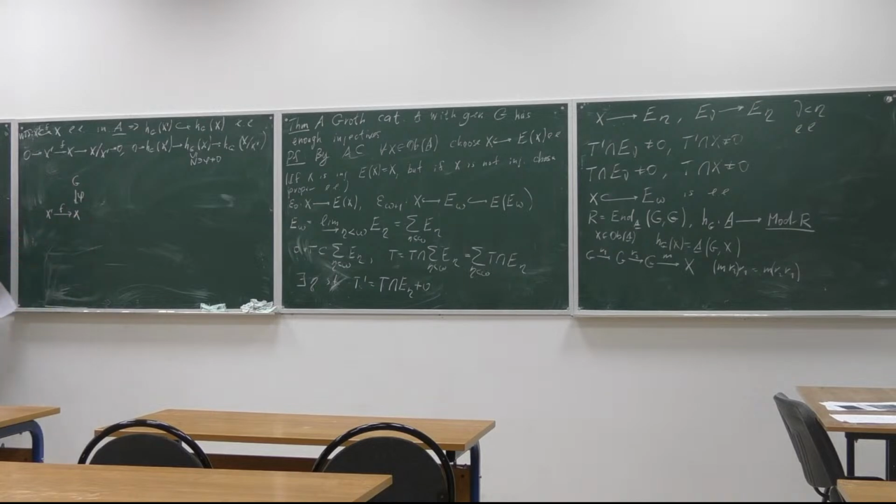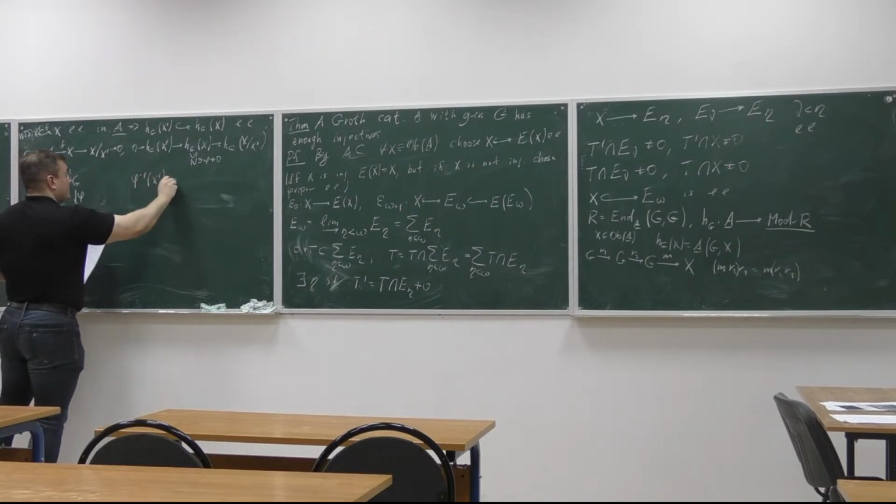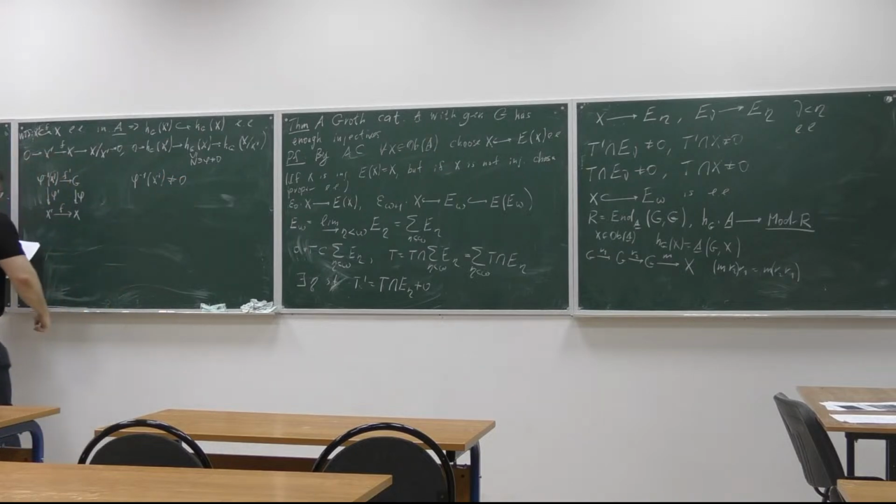So let's take pullback. The pullback is just by definition the inverse image, so this is phi inverse of the X prime. I'm going to call the corresponding maps f prime and phi prime. Okay? Well, I claim that phi inverse of the X prime is not equal to 0. This follows because f is the essential extension, and now you just look at the sub-object here, which is the image of phi.